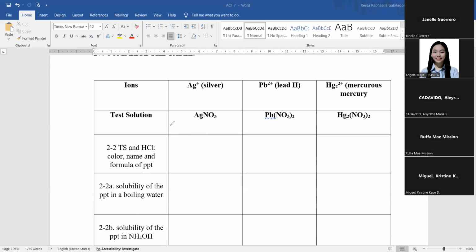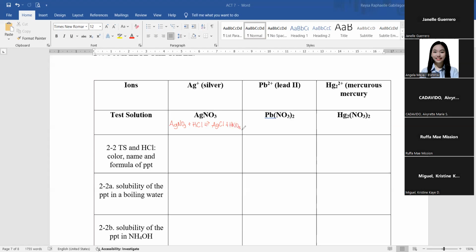Silver nitrate plus HCl. This is the same as the first activity, a double displacement. Ag will now partner with Cl. That's silver chloride. And what's left? H and NO3, so this is HNO3.